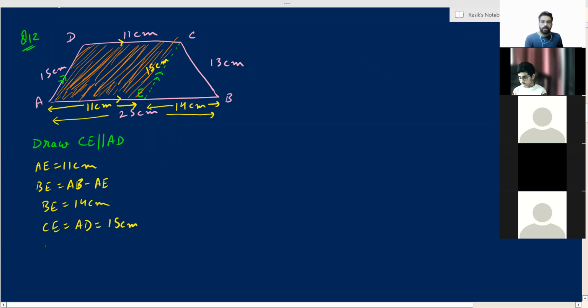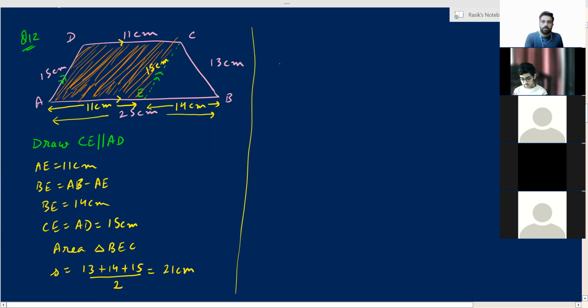Now let's find the area of triangle BEC. To find the area, we will first find the semi-perimeter. Semi-perimeter is equal to the sum of all sides divided by 2: 13 plus 14 plus 15, divided by 2. The sum is 42, and 42 upon 2 is 21 centimeters. This is your semi-perimeter.